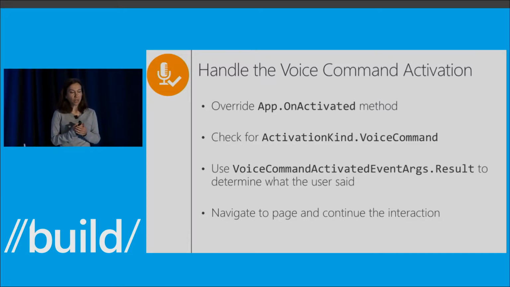So here, to make sure that you've been launched from Cortana, you need to check the activation kind against voice command. If it is a voice command activation, in that case, you can cast the event args to VoiceCommandActivatedEventArgs, and you get access to the speech recognition result. And from there, you can determine what the user has said. Based on that, you determine to which page to navigate, and you continue the interaction in the foreground.